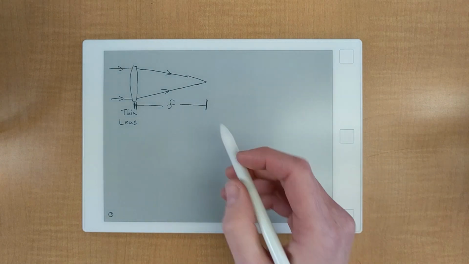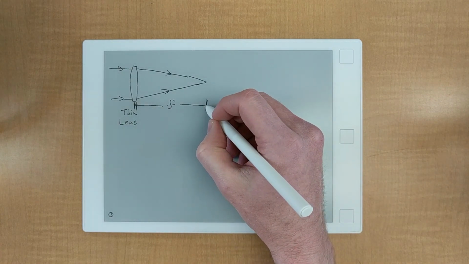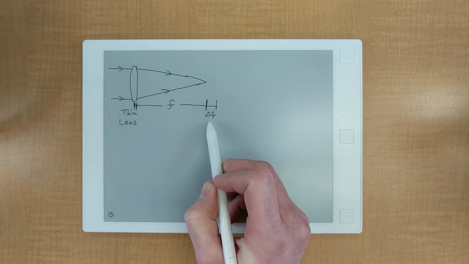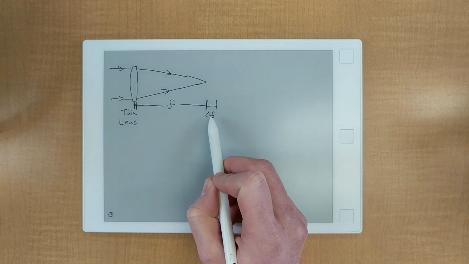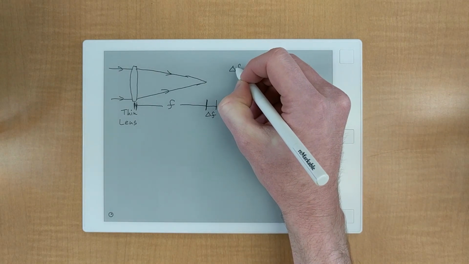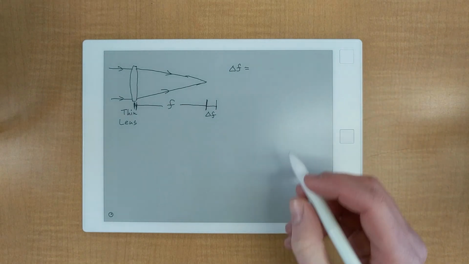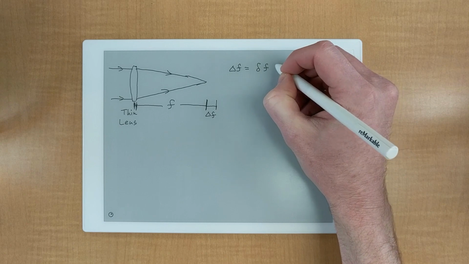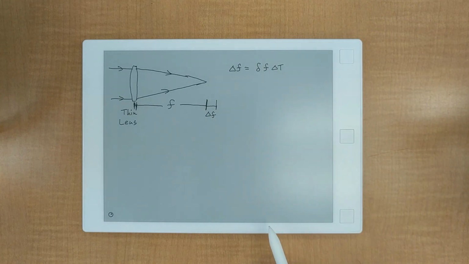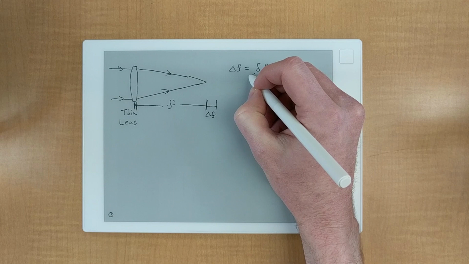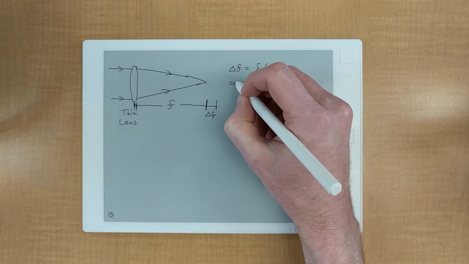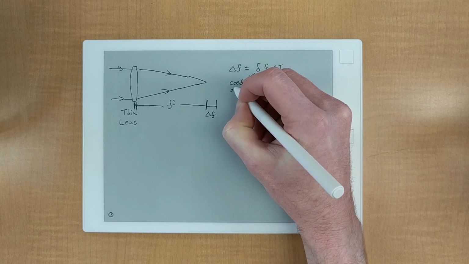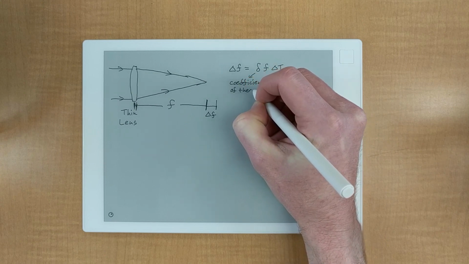There will be two contributions. If we think of that focal length changing a particular amount, called delta f, that change in focal length, delta f, is equal to delta times f times delta T. So delta is the coefficient of thermal defocus.